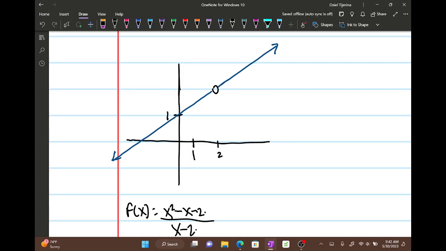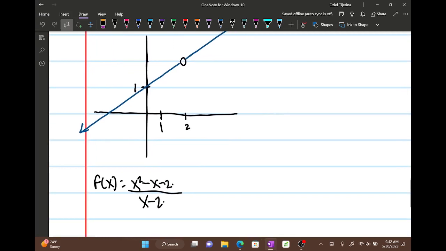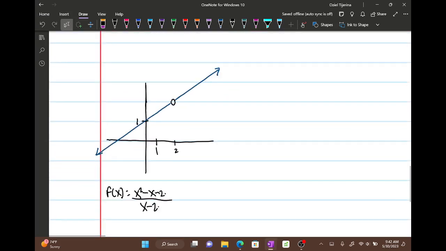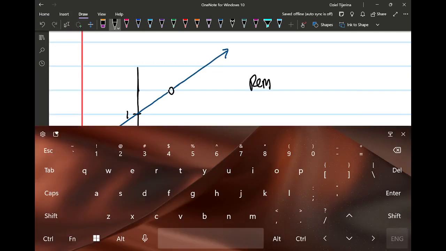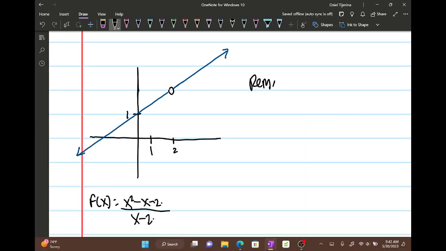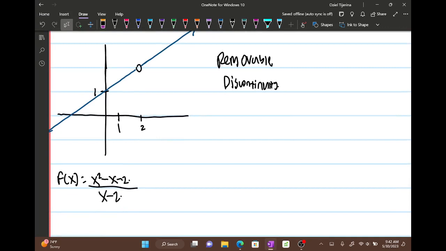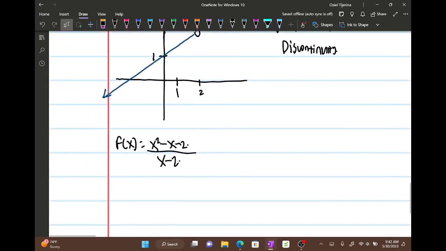Basically this kind of discontinuity happens, and what we call this, guys, is a removable discontinuity, if I'm correct, right? This kind of discontinuity happens when there's a restriction.